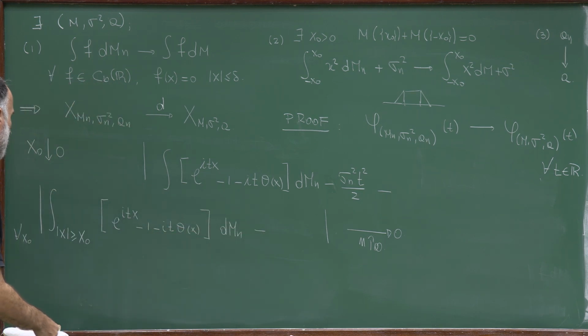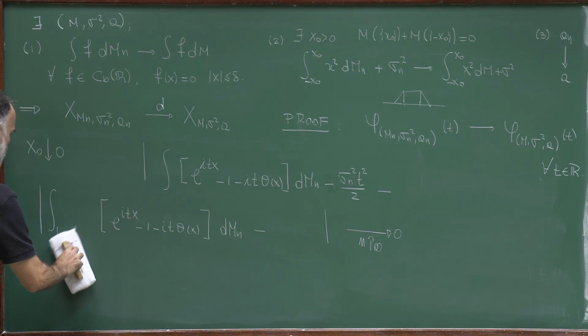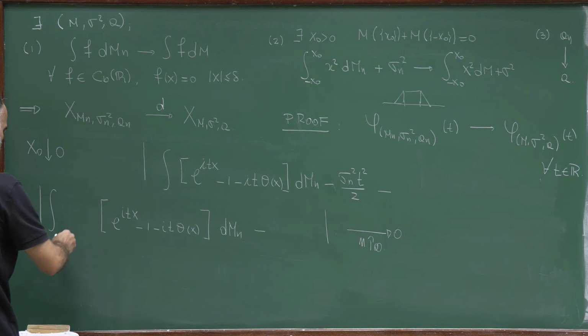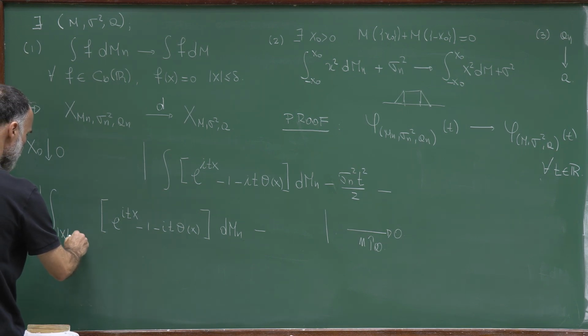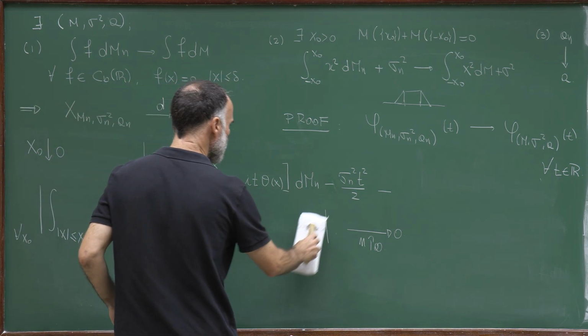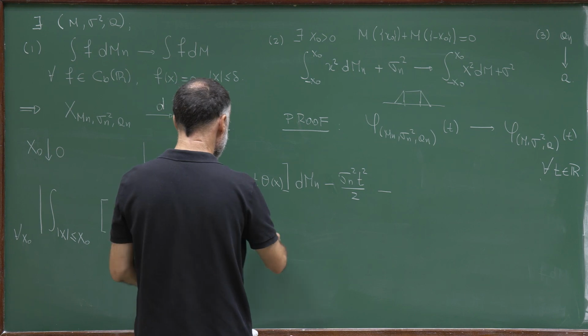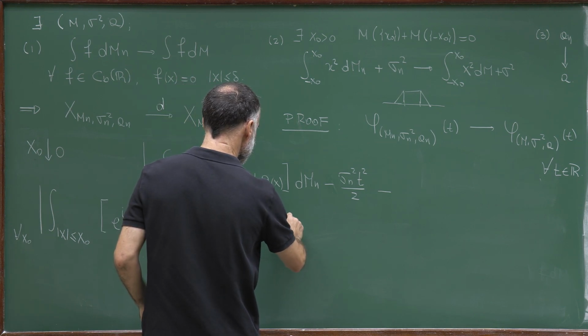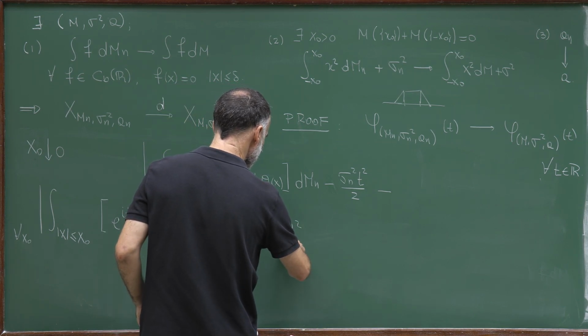So what I have to estimate is the opposite, x less or equal than x0. But I have this extra term, which is minus sigma n squared t squared x squared divided by 2.